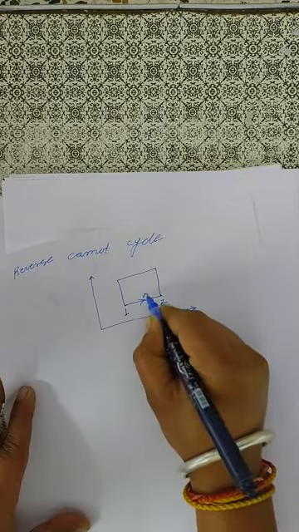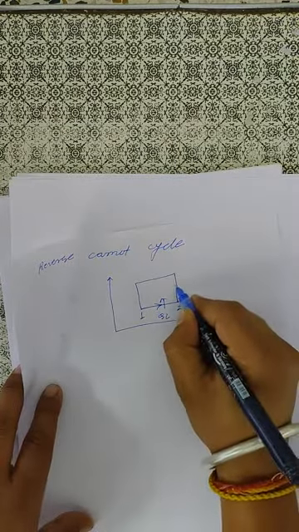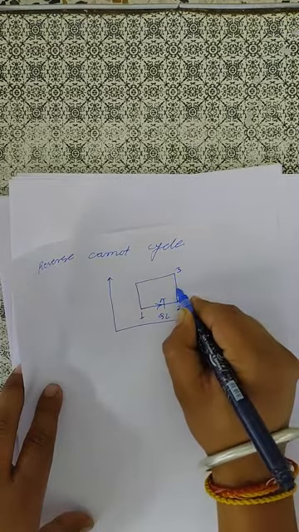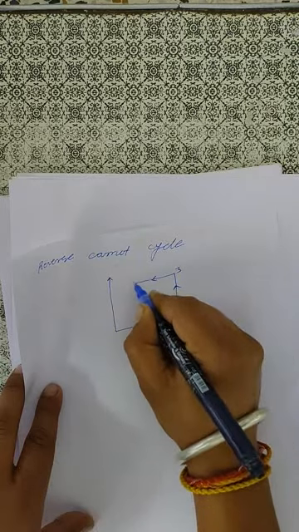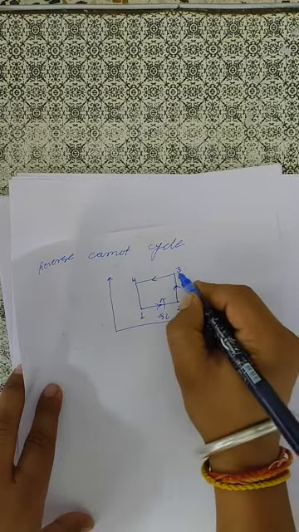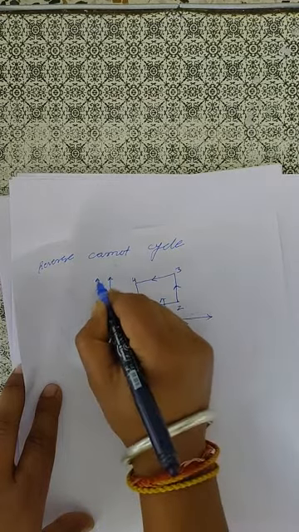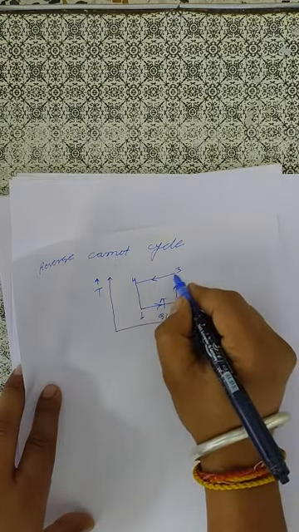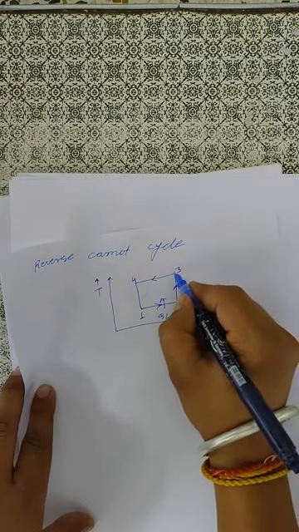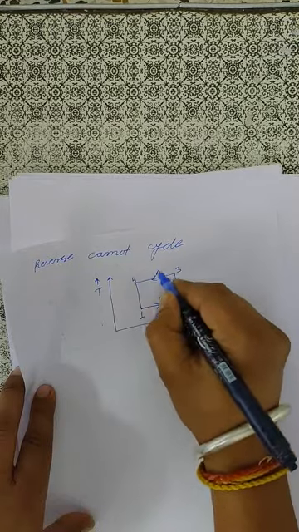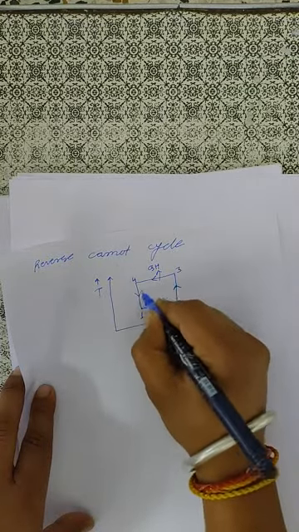Here the heat is added, that is the isothermal expansion. 2 to 3, that is the isentropic compression. 3 to 4 is the isothermal compression, that is heat is released, and 4 to 1 is the expansion.